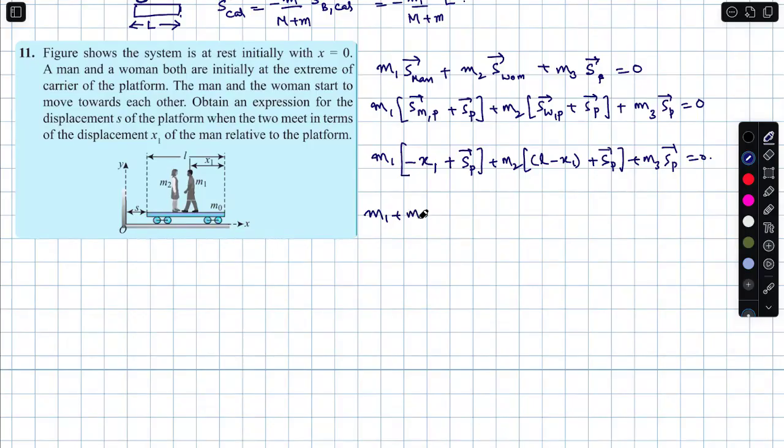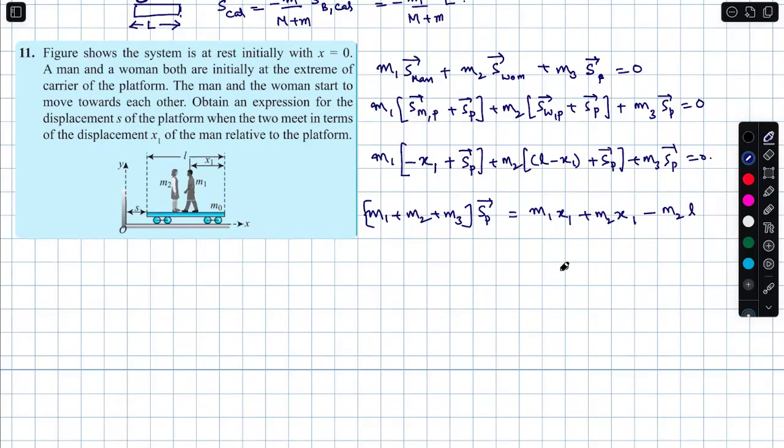M1 plus M2 plus M3 times displacement of the platform is equal to M1 x1 plus M2 x1 minus M2 L. Is that it?